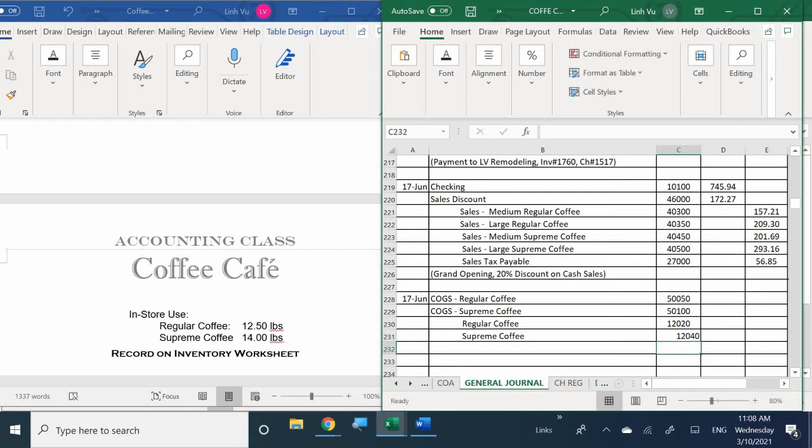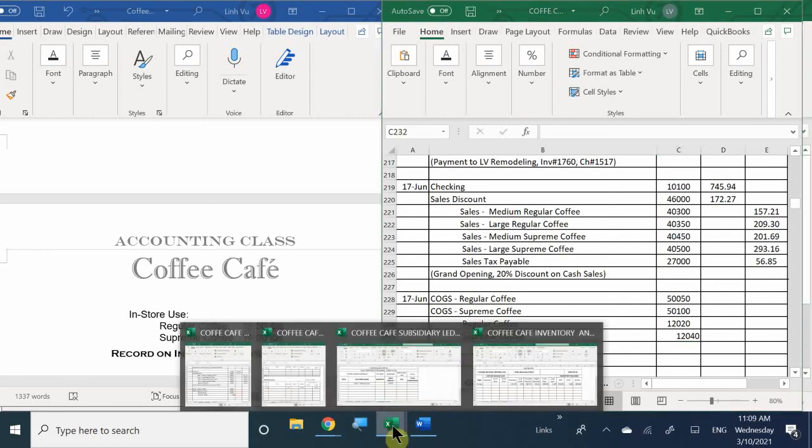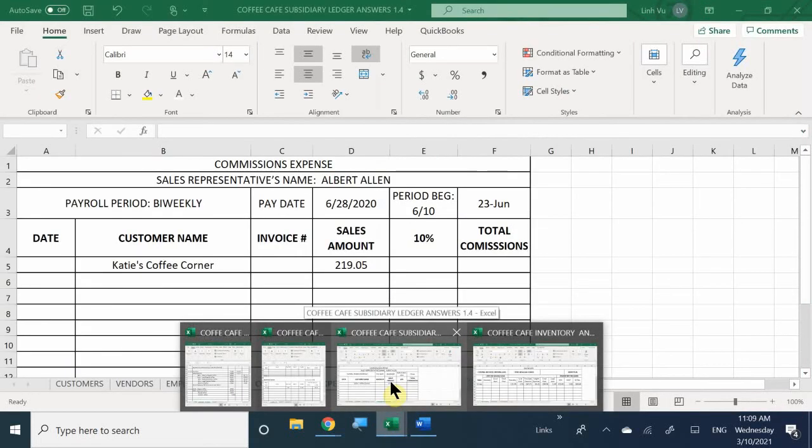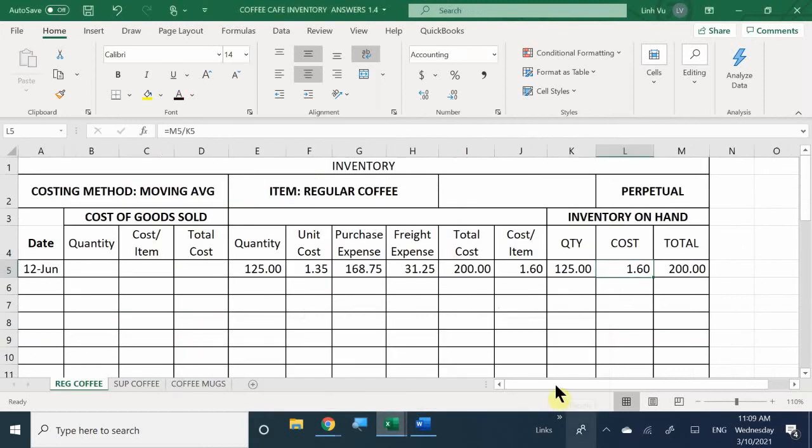All right. Now I have to calculate how much the cost of goods sold is to sell 12.5 pounds. So this is where I can go to my inventory worksheet to solve for my cost of goods sold. So again, inventory worksheet. We're going to go straight to my regular coffee. And notice this, I need to make sure that when I calculate and do my inventory, I know exactly what costing method I'm using.